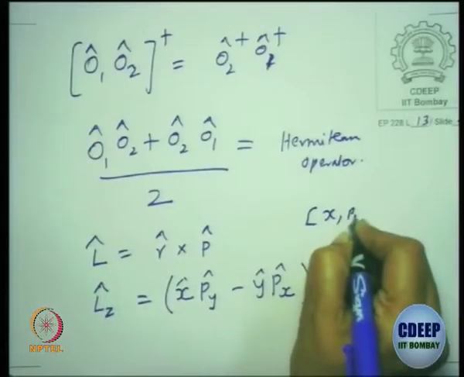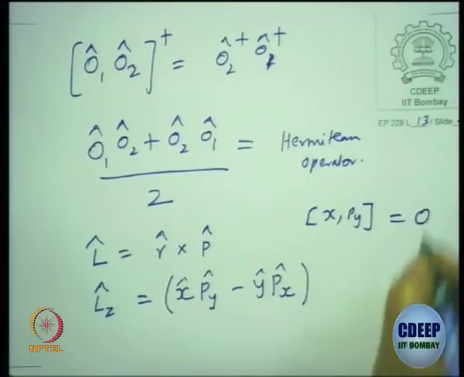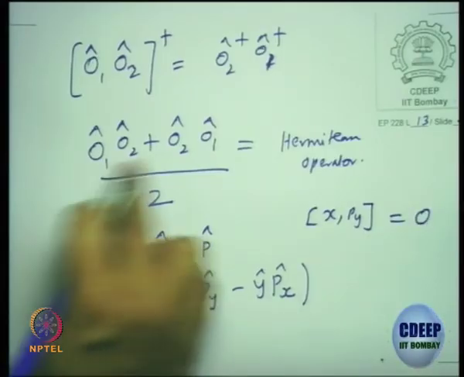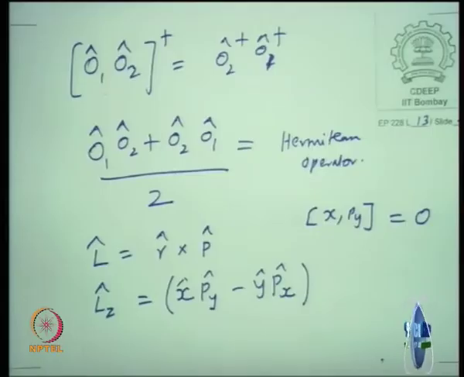Your x and Py are commuting operators. This argument is only needed when O1 and O2 are not commuting. O1 O2 is different from O2 O1, but if O1 and O2 are commuting, O1 O2 is the same as O2 O1. That is the definition of a commutator.